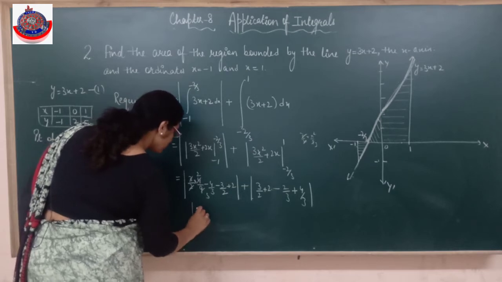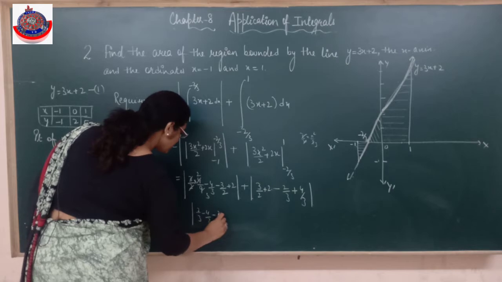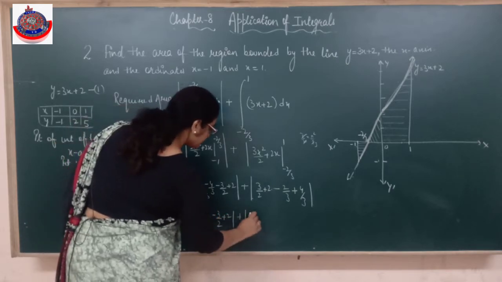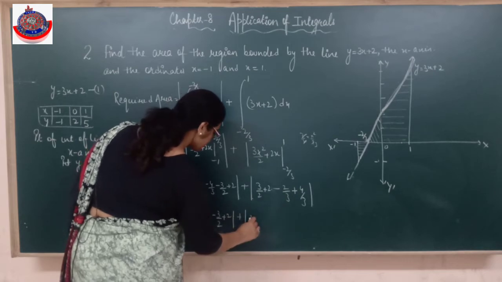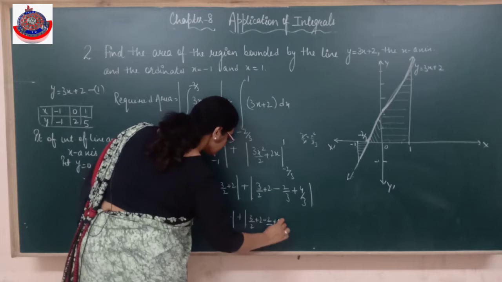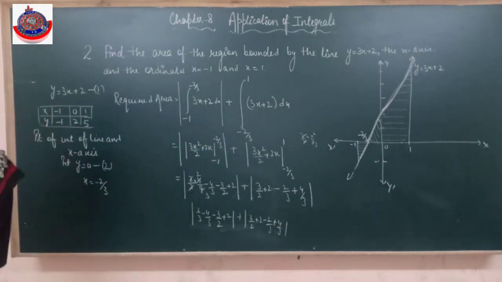So 2 by 3 minus 4 by 3 minus 3 by 2 plus 2. Fine, take the LCM and solve it, and that would be your answer.